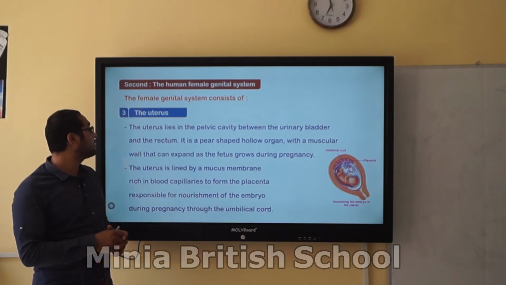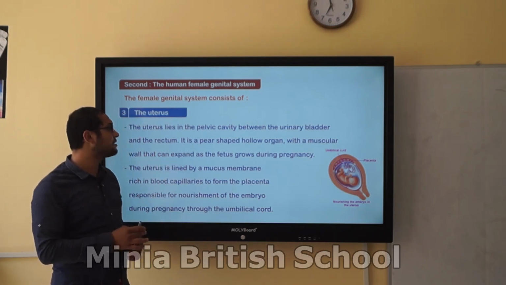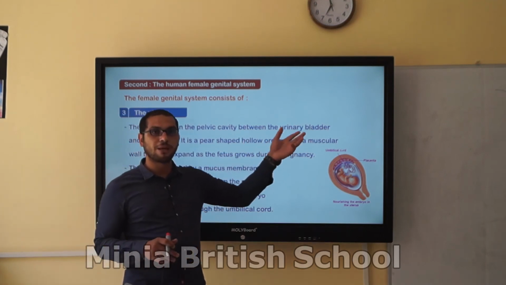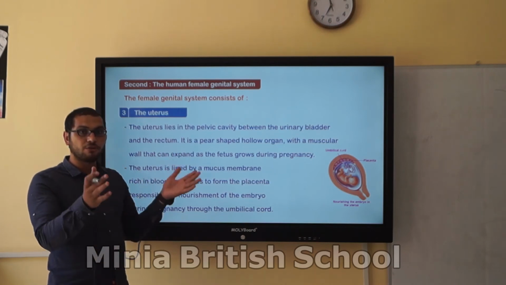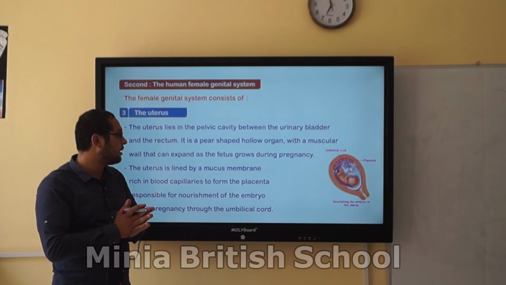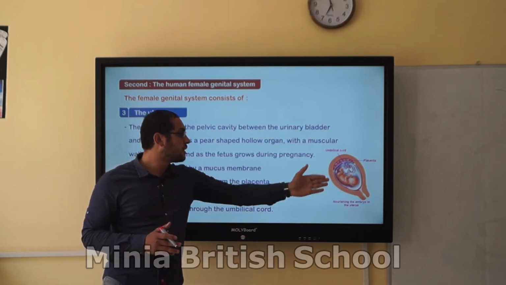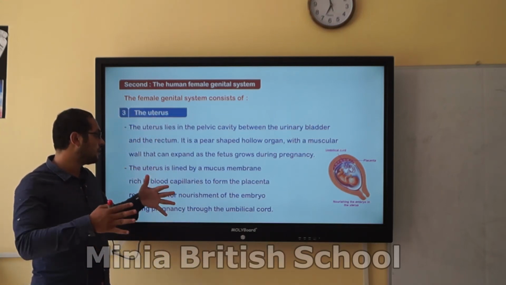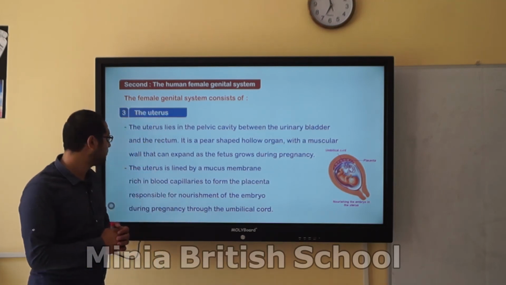The third component is the uterus. The uterus lies in the pelvic cavity between the urinary bladder and the rectum, and it is a hollow pear-shaped organ with a muscular wall that can expand as the fetus grows during pregnancy.